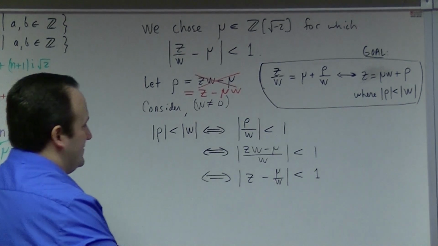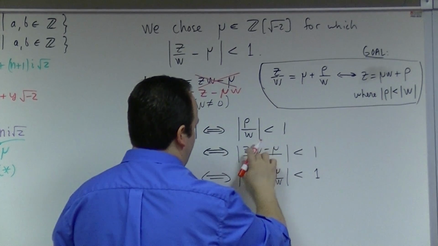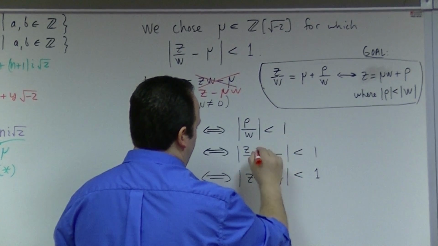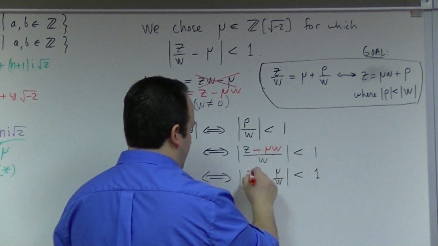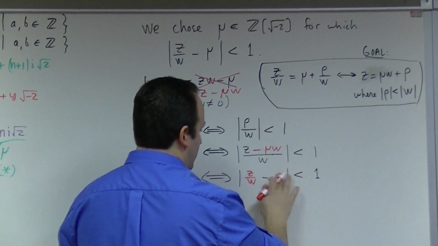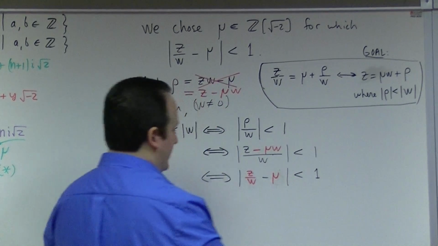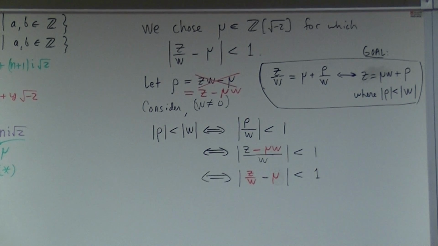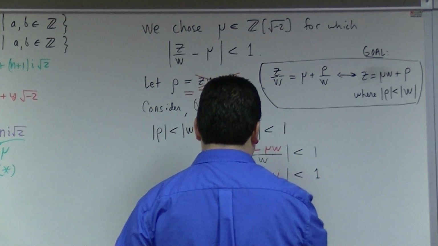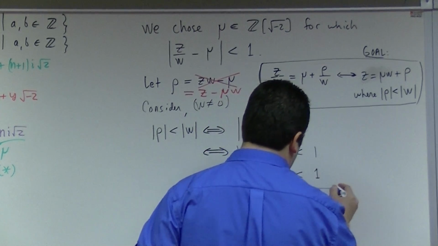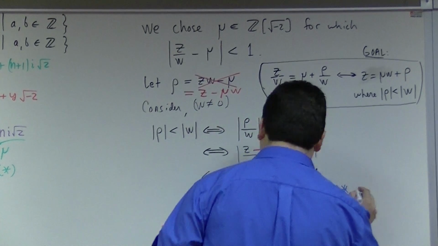Now, in view of that, that makes this a lot more interesting, right? Same algebra, now we get what? z over w minus mu less than 1. But what is that? Just underline it. What's that? No, this is not that. Look at this. Compare star star.